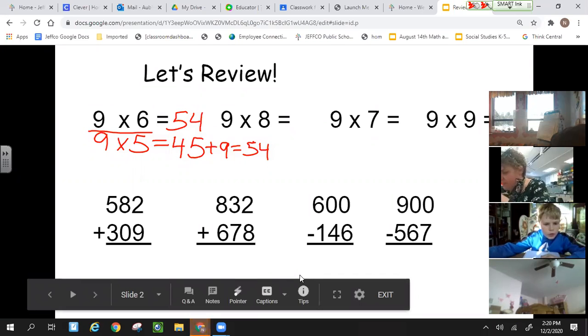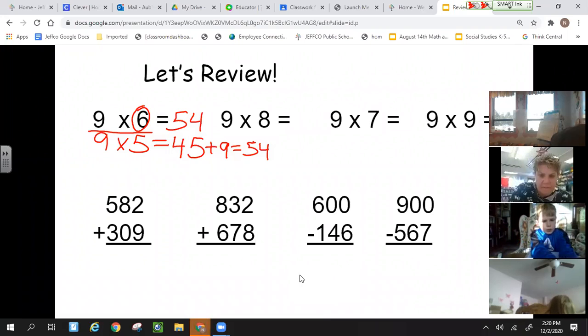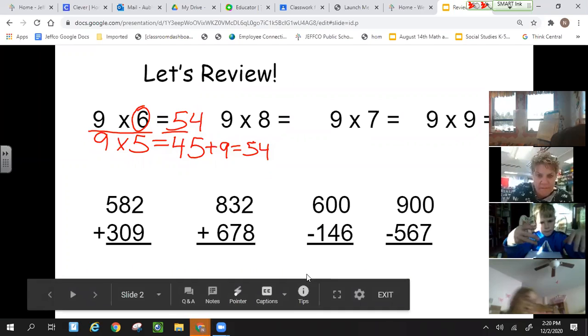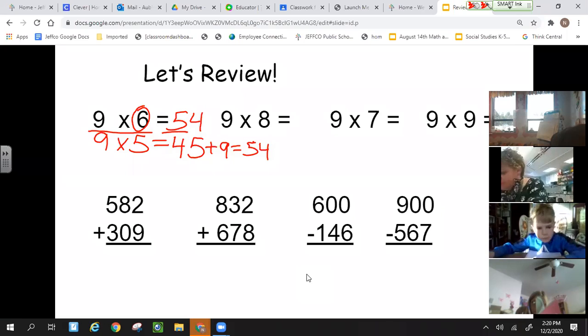What are we multiplying 9 by? Your 6th finger down. Right, and you should have 5 on the left of that 6th finger for your 10s and 4 on the right for your 1s, correct?